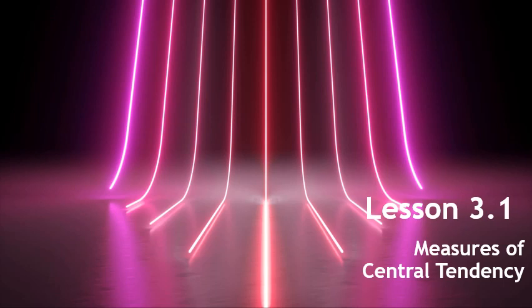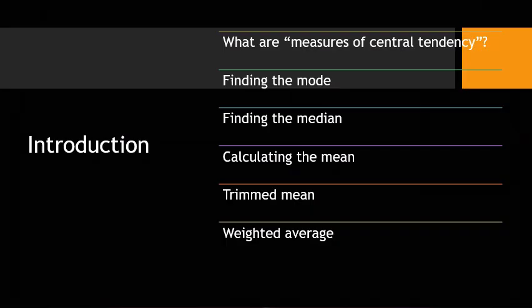Okay, in this lesson, it's going to be fairly, I think, simple. We're going to learn about the measures of central tendency. Throughout this lesson, I'm going to explain what that is, and then we're going to learn how to find the mode, the median, the mean, the weighted average, and the trimmed mean.